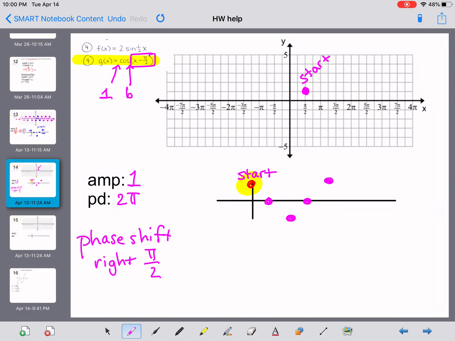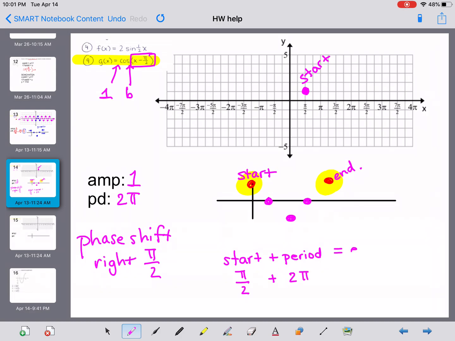So the next thing you usually try to figure out is your ending point. Okay, where do I end? My suggestion, and I think this will help you for next year for pre-calc, is to do this algebraically. You're going to take your starting point. Where on the x-axis are you? You're at pi over 2. And you're going to add to it the period length, which is 2 pi.